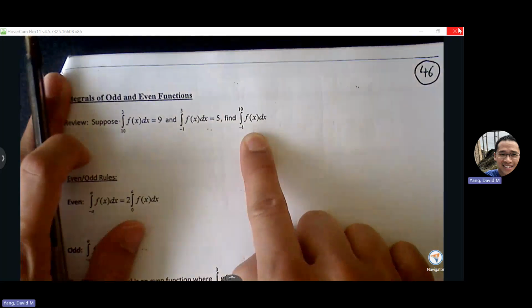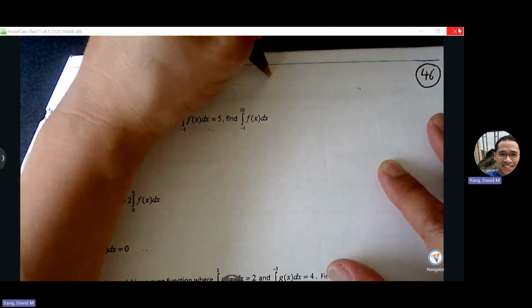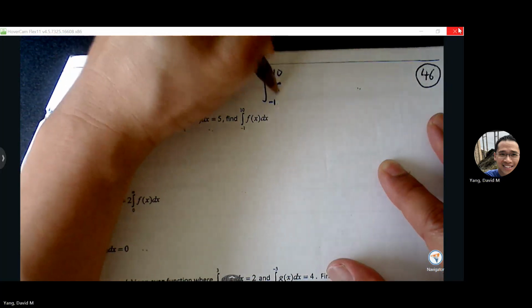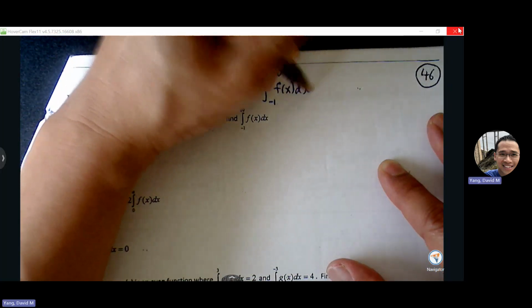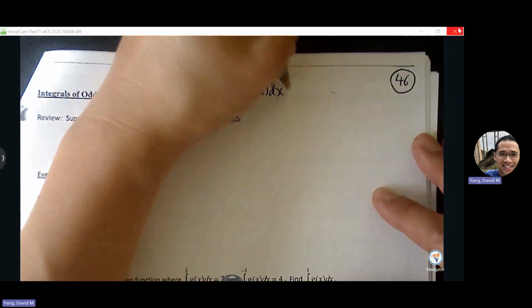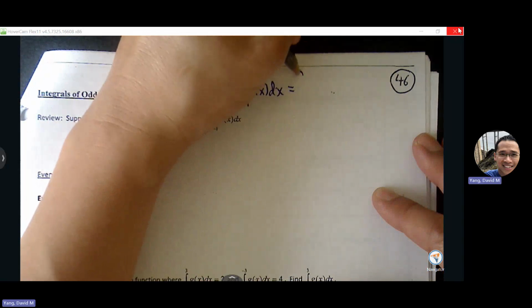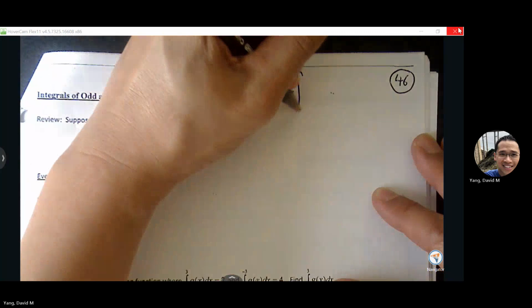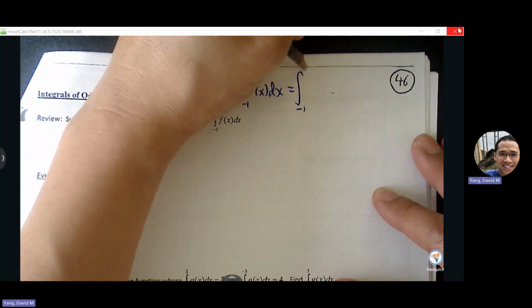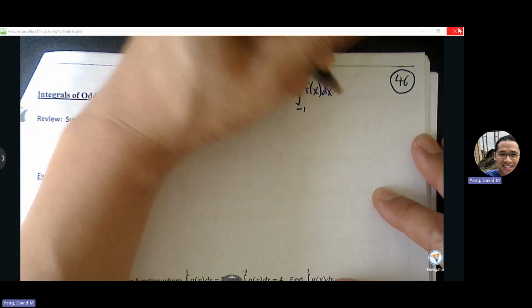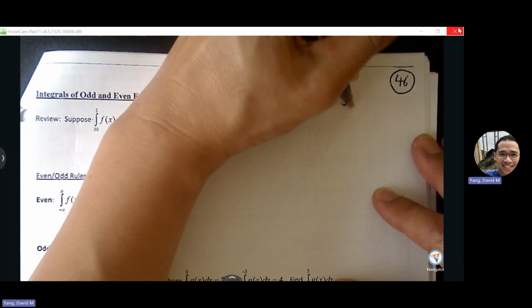Why don't we create something that is more straightforward, because we know that the definite integral from -1 to 10 can be broken up based off of the boundaries presented here as the sum of what two integrals? Well, -1 to 3, and then plus the integral from 3 to 10.